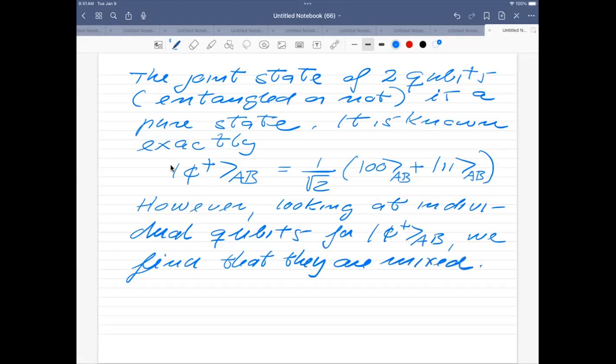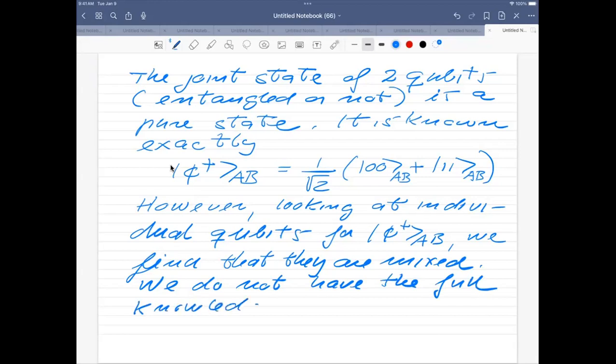That means that we do not have full certainty or full knowledge of their states. And we call this a mixed state.